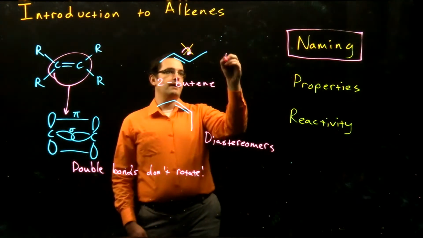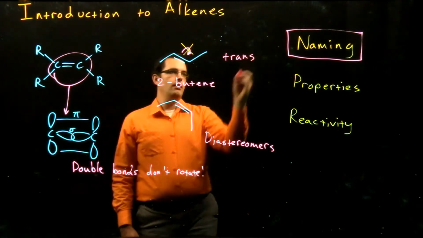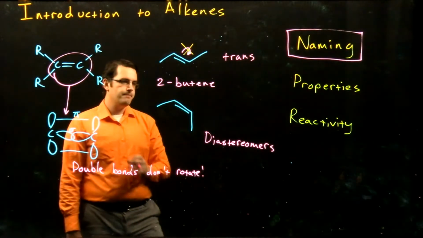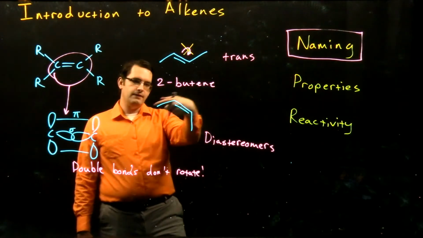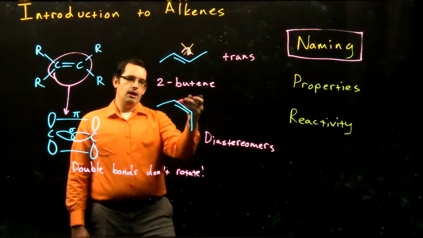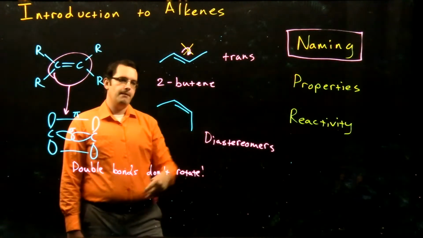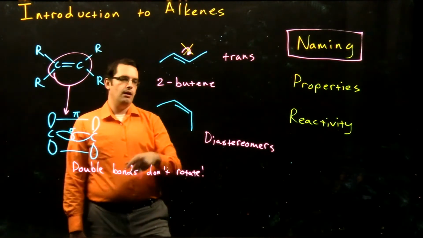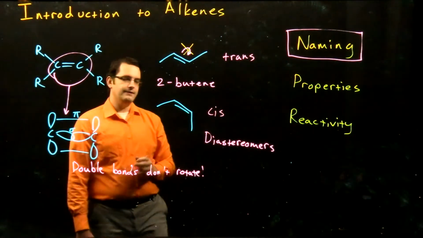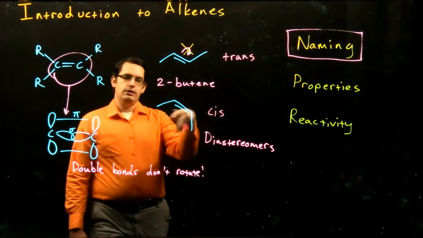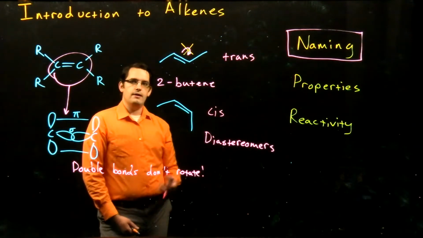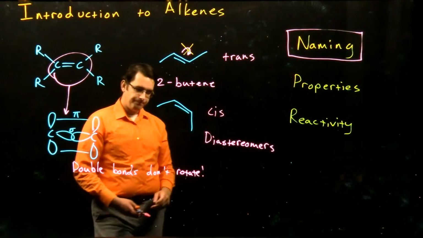So I can refer to this as trans. So this is going to be my trans 2-butene diastereomer. And down here, both of these bonds are pointing in the same direction relative to my alkene. Obviously they have different angles here, but they're still both pointing away from my double bond in the same direction. So I refer to this as cis to indicate that they're both pointing on the same side, similar to what we did with our cycloalkanes again.